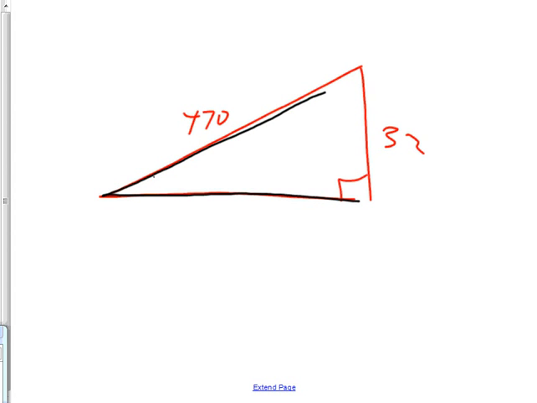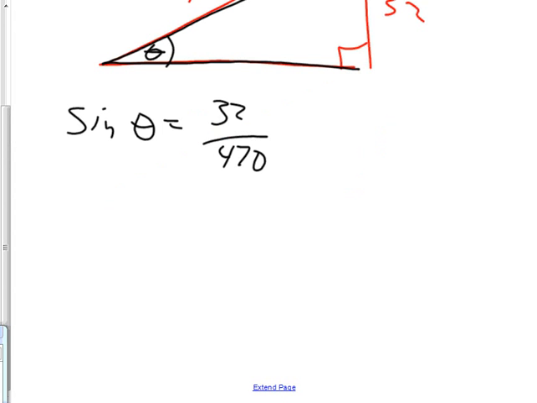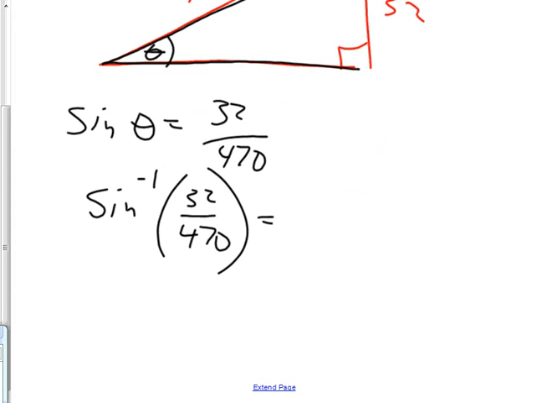All right, good, thank you. So basically, you should set up. Is it opposite over adjacent? No. Which one is this one? Sine, yes. Sine of the angle is opposite over hypotenuse, 32 over 470. And then if I were you, right away I would move to inverse sine of 32 over 470, because that means the theta now has been put over there.